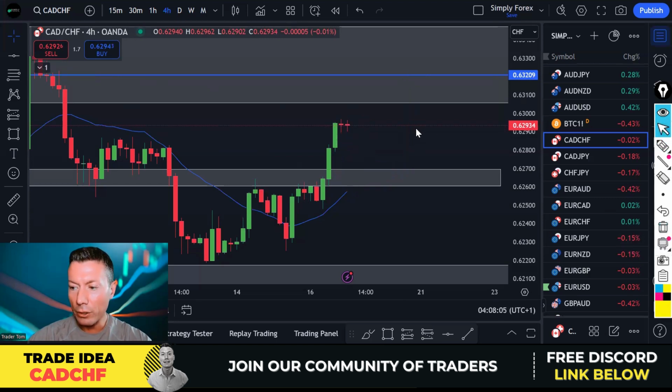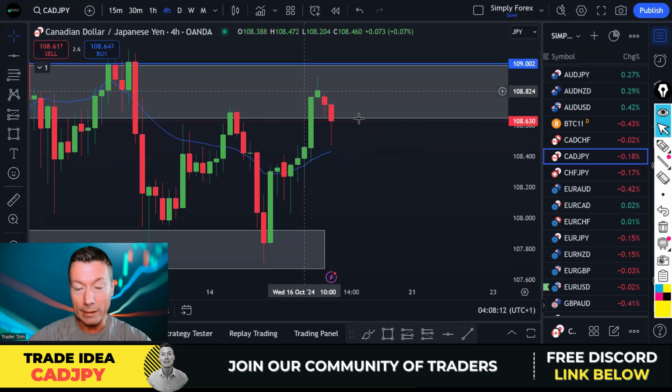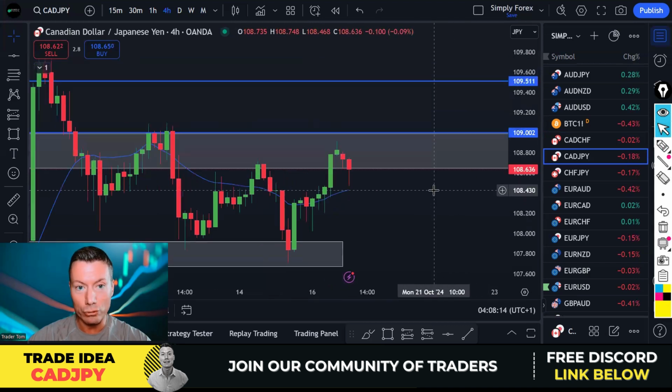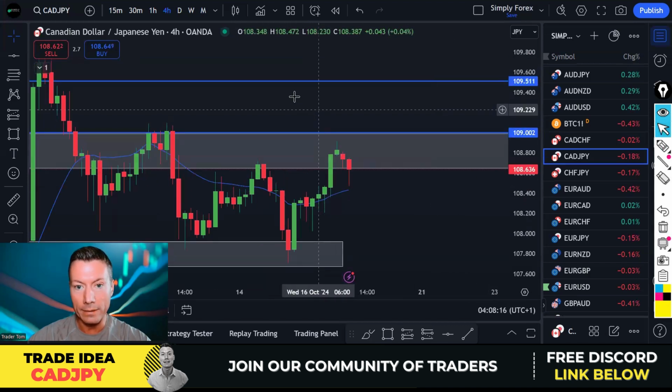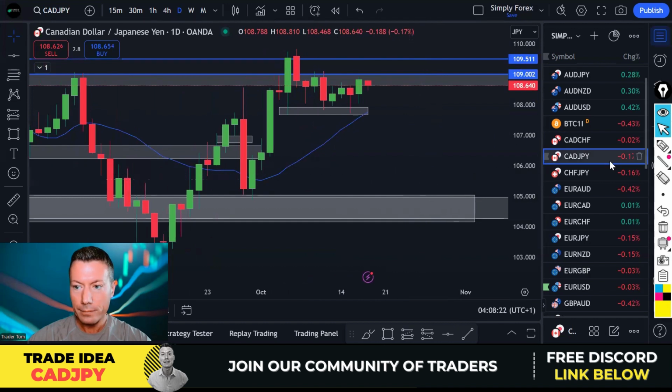And then let's carry on this Canadian dollar strength, right? CAD yen is also a trade idea, and I've literally just entered this trade. I put this trade in the VIP Trading Academy. So again, if we look at the day chart, you will see we are in an uptrend, right?